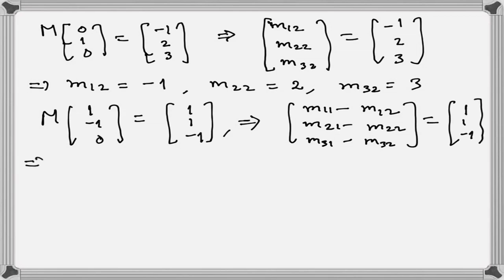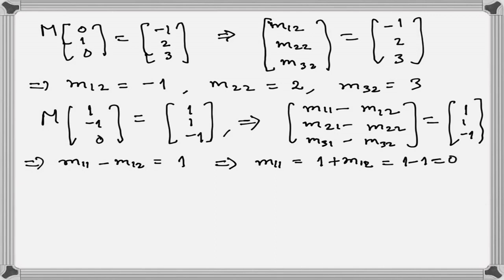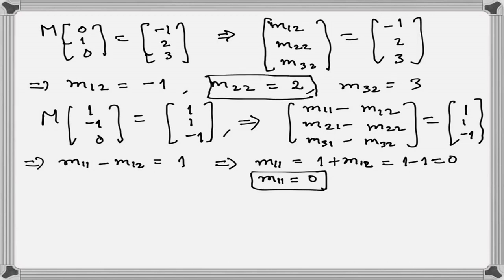So M11 minus M12 is 1, which implies M11 is equal to 1 plus M12. M12 is minus 1, so it's 1 minus 1, which is 0. So M11 is 0. This is the first diagonal entry, and this is the second diagonal entry.